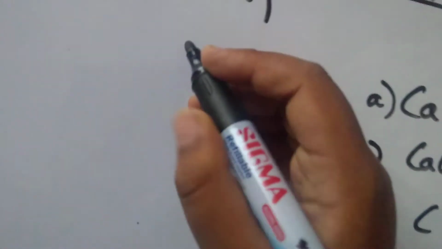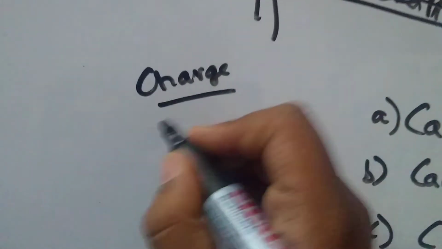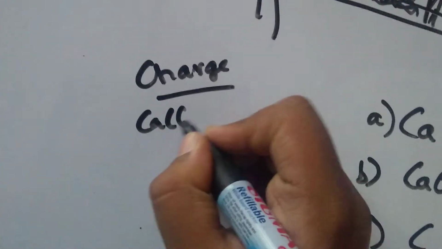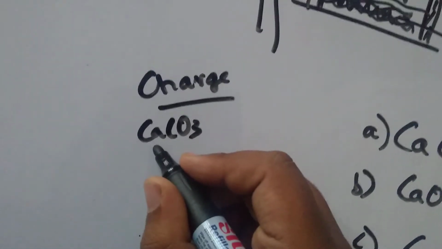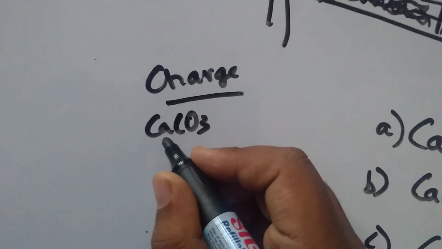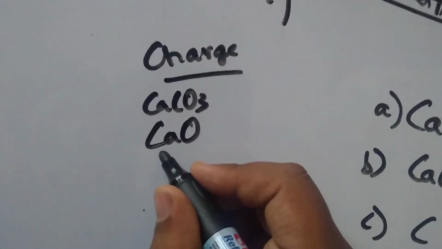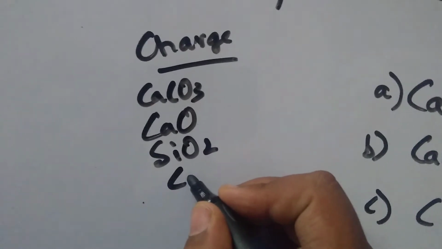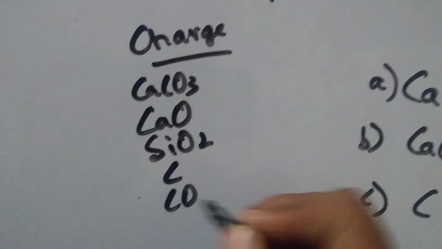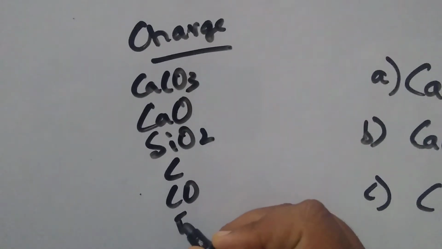This is a bit confusing, but I'll make it easier for you. The charge is composed of limestone, quicklime, silica, coke, carbon monoxide and iron oxide.